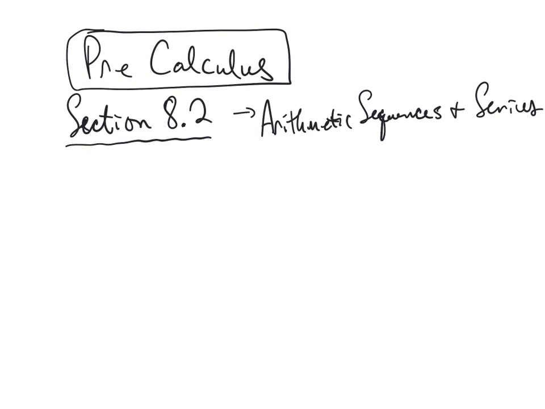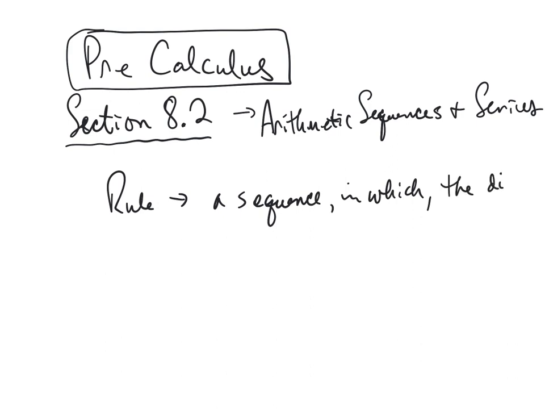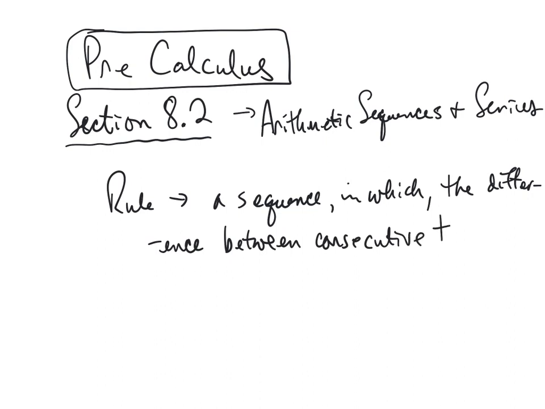An arithmetic sequence follows a specific rule. The rule for an arithmetic sequence is a sequence in which the difference between consecutive terms is constant.